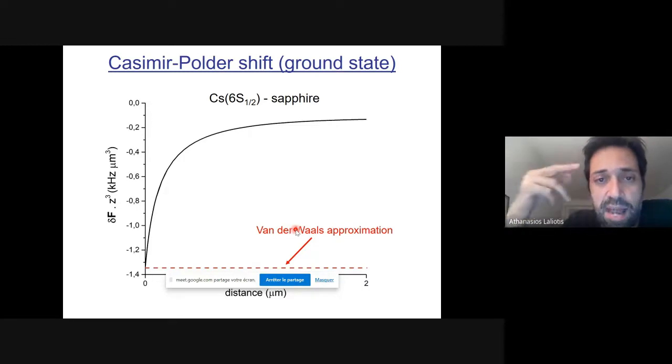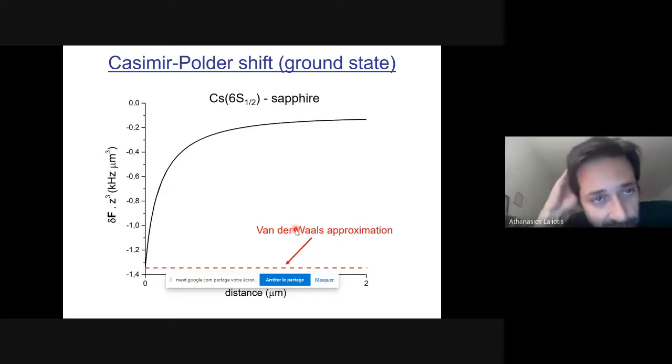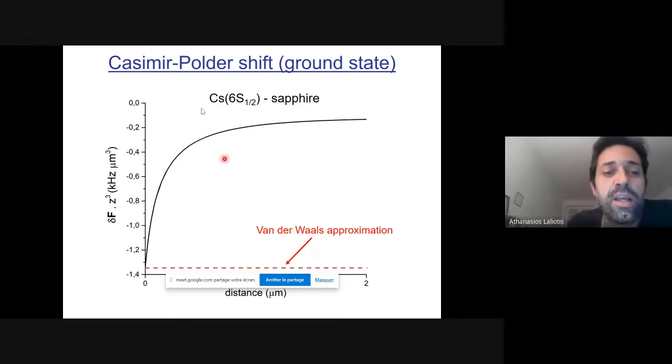So just to give you an idea of what happens for a ground state, again, this is all for a ground state, just giving you a general introduction. I'm plotting here the energy shift for the ground state cesium atom against a sapphire surface. What I'm plotting here is the distance, but the vertical axis is not actually the energy shift, but the energy shift multiplied by Z3. I do this just so that you can have a better inspection of the curve.